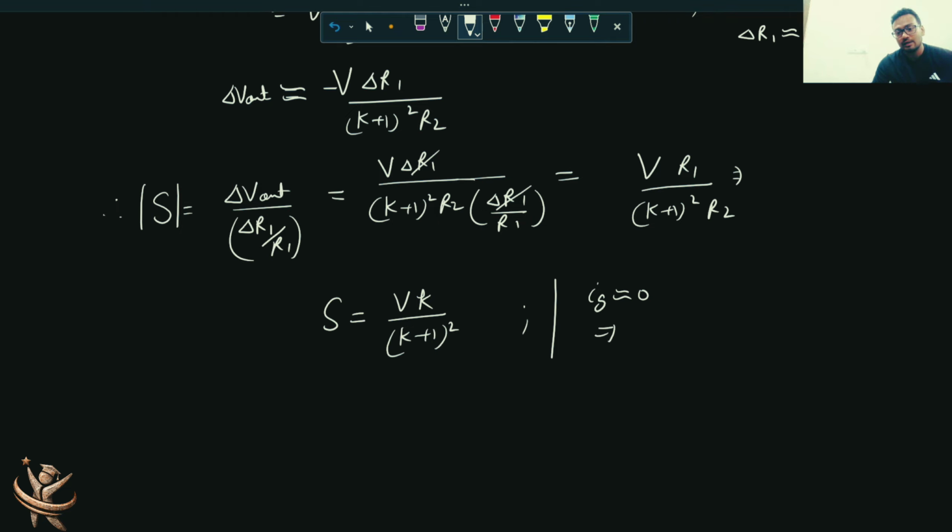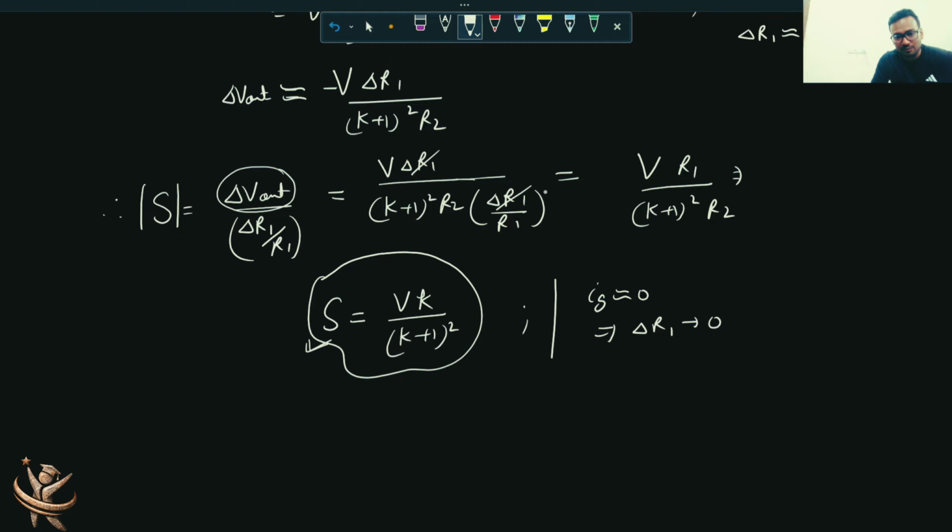That means the change you have made in R1 is actually very small. So the current is changing, but by an almost negligible amount. But still you are getting a sensitivity, and sensitivity is dependent on this delta V out. So delta V out has changed, but the current in the galvanometer is still tending towards 0. So a lot of approximations are there. But anyway, you finally got the solution for sensitivity.